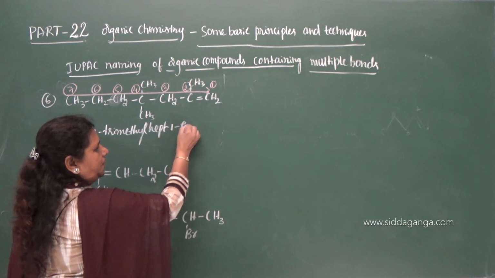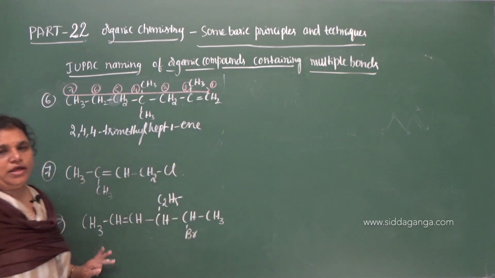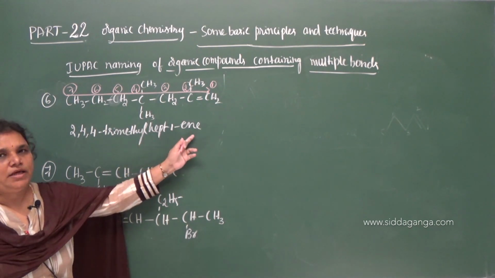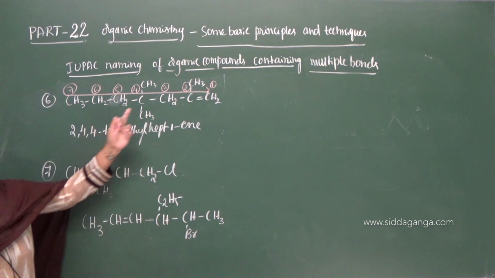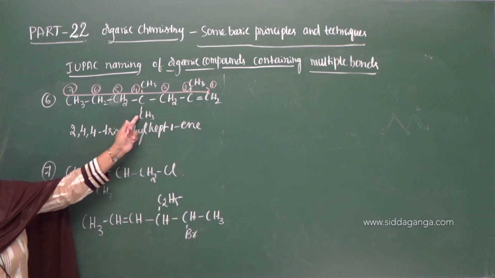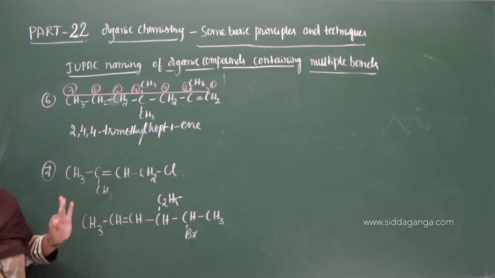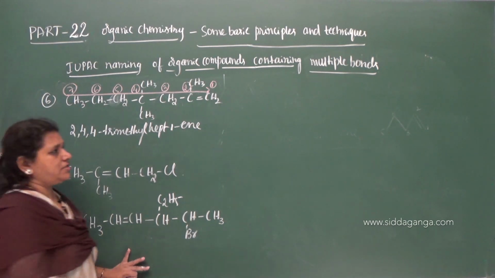So therefore hept 1 ene. You can ignore the locant 1 if you want. You can also write it as heptene. So what is the name then? 2 comma 4 comma 4 trimethyl hept 1 ene is the IUPAC name. Now we write the bond line formula for this.